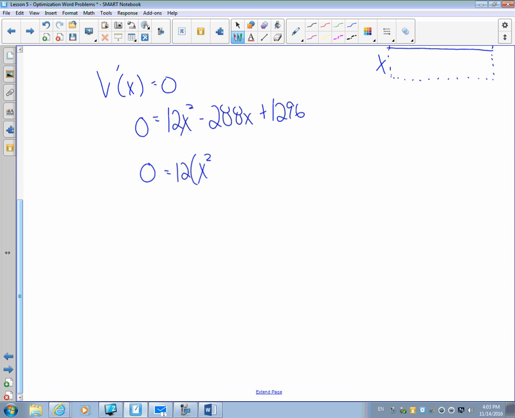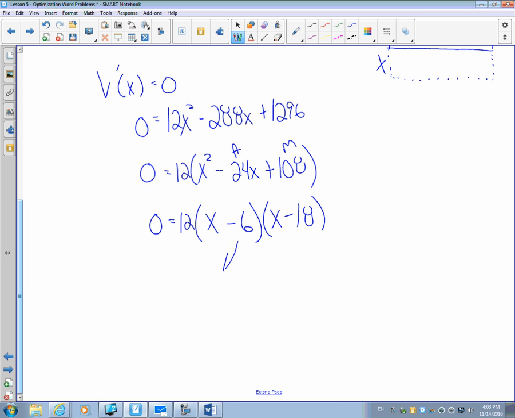So we divide everything by 12, and we'll get 108, I think, for the last one. Okay, it's a trinomial, so what adds to 24 and multiplies to 108? 6 and 18 will work. So our zeros, our solutions, are x must be 6 and x must be 18.